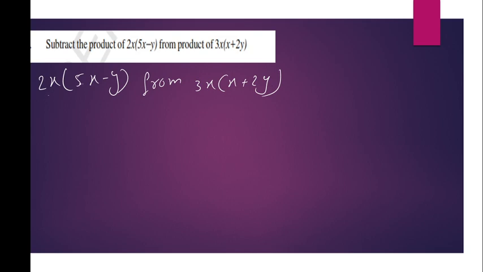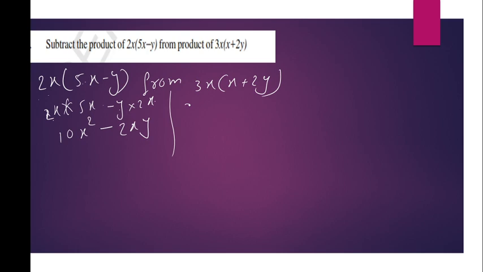So 2x into 5x minus y. Multiply 2x inside: 2x into 5x minus y into 2x. 5 2s are 10, x into x, x square, minus into plus minus, 2 into xy, 2xy.